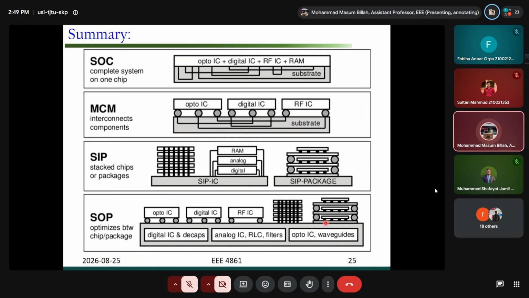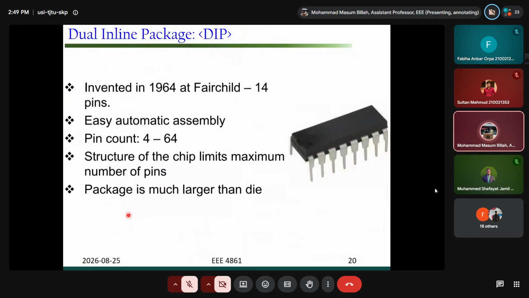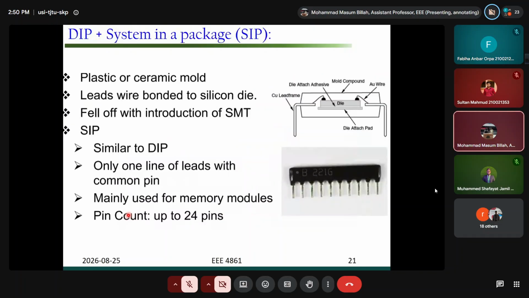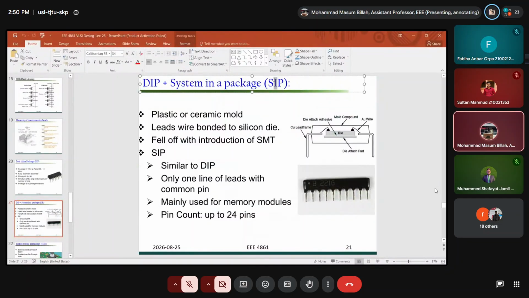So the combination of those two will be the SOP, system on package, system in package and on package. So please be careful when you explain the SIP and SOP, or even SIP, S capital, small letter i, P. This should not be a capital letter. This is small i. Okay, so be careful.